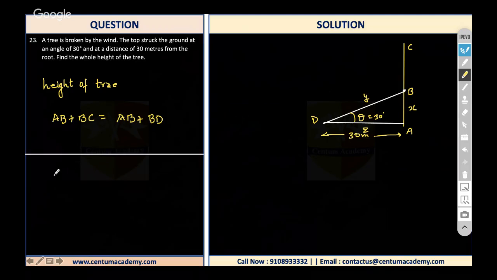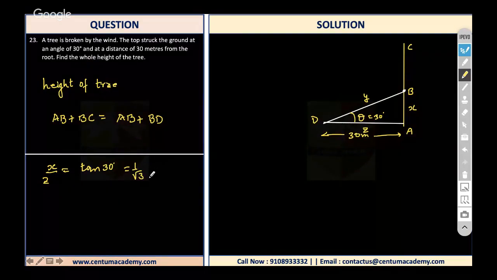X upon Z is tan 30, right? Which is nothing but 1 by root 3. You have to remember the value 1 upon root 3.